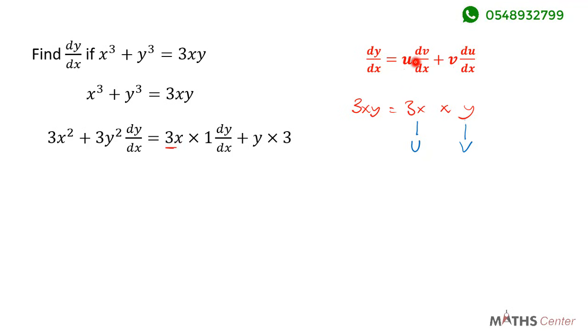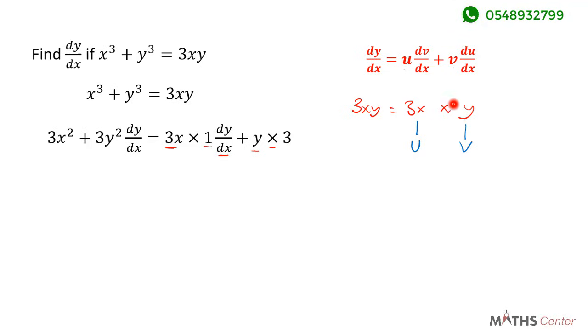Then times, you differentiate v, but v is y. We know that when you differentiate y, you get 1. But because it is a term containing y, you have to multiply it by dy dx, as we have here. Then plus, we move on to v. V is y, so you have that here.